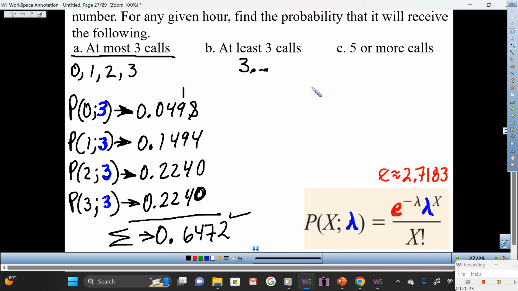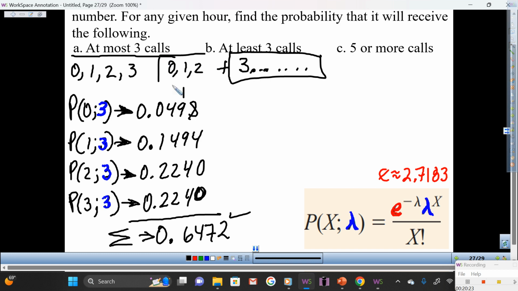Here it goes. Y'all ready? So this is from 3 and on. Is that correct? So that probability of 3 and on, together with the probability of 0, 1, and 2, how much is that supposed to add? What would be the sum of the probability? It would be 1. Yes.